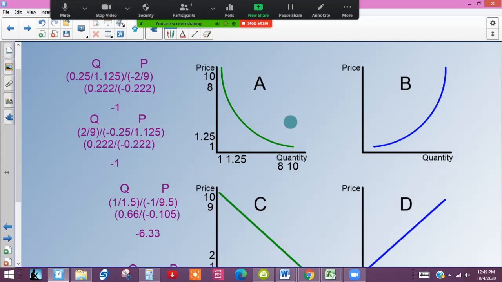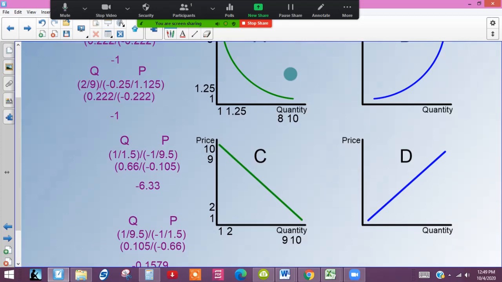Now, the supply curve is very, very simple, because it's upward sloping. So it's going to be 1, 1, 2, 2, 3, 3, 4, 4, 5, 5. Because both of them are moving up, you're going to have low prices and low quantities at the same time.